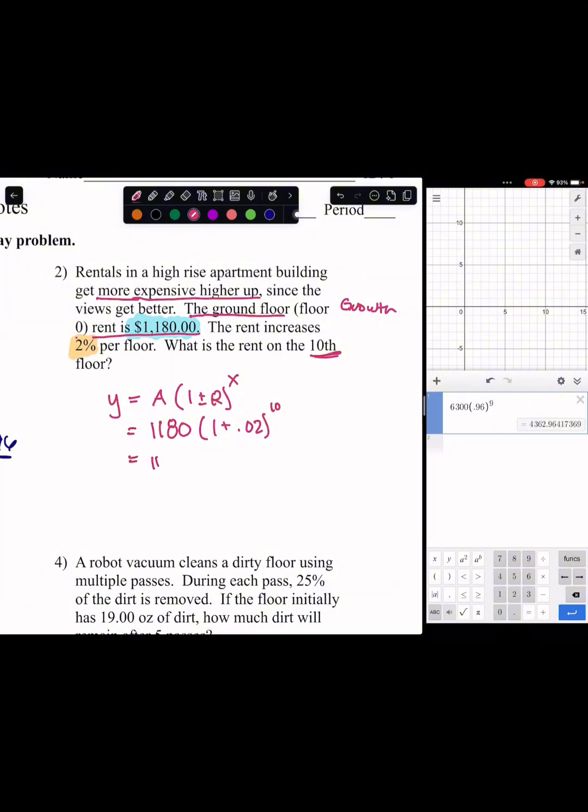Y equals 1,180 times 1.02 to the 10th. So let's go ahead and put that in here and see what this says. 1,180 times 1.02 raised to the 10th.